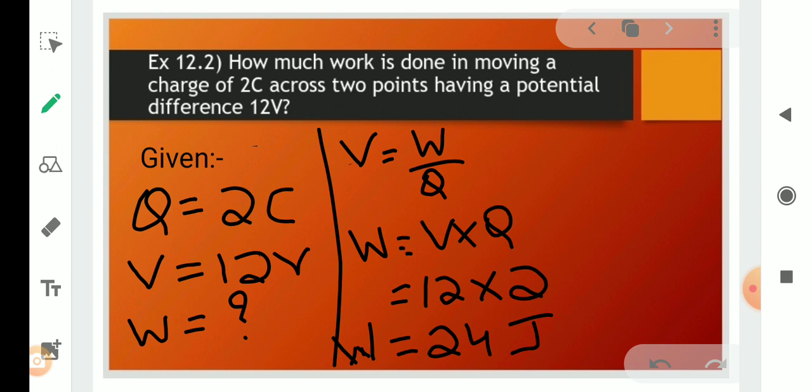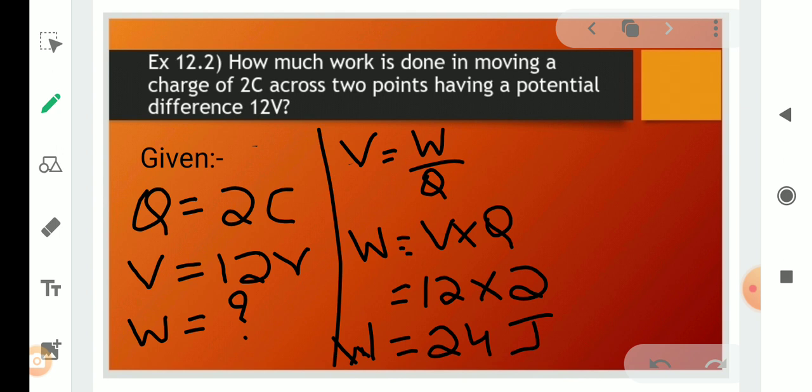In today's topic, a question you may face in the exam is: what is potential difference? It can be defined as the work done in bringing the unit charge from one point to another point.